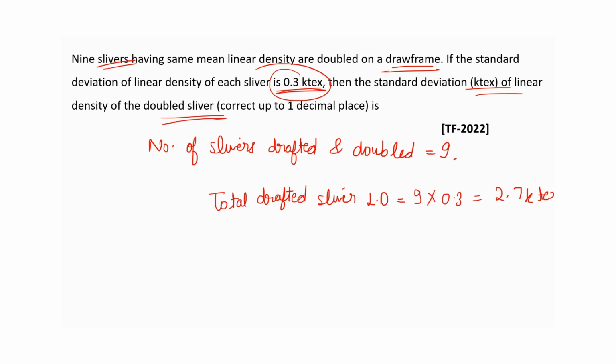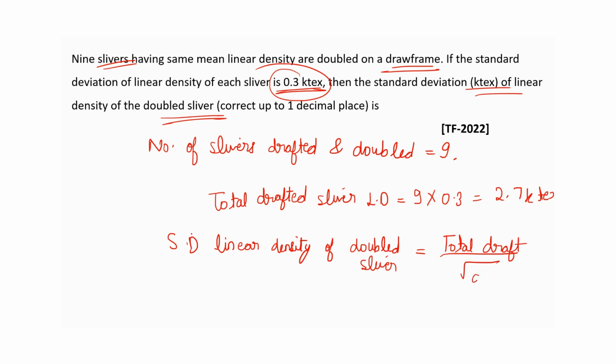And so for doubling, you know that to find the standard deviation of the linear density of the doubled sliver, the formula is total draft upon under root of doubling.